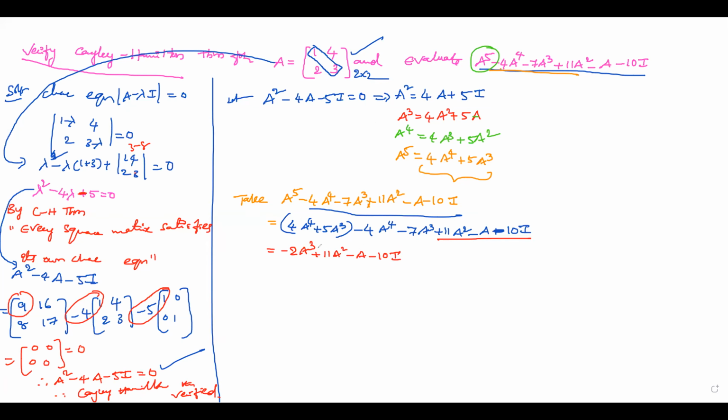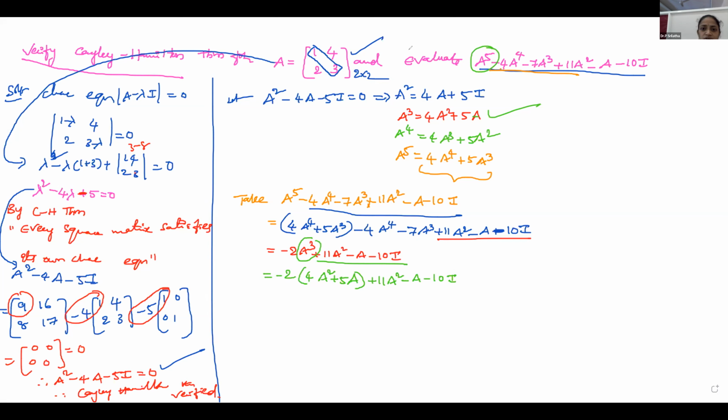Now we have to substitute the A cube value, so minus 2 into 4A square plus 5A, isn't it? And the remaining polynomial will be 11A square minus A minus 10I.